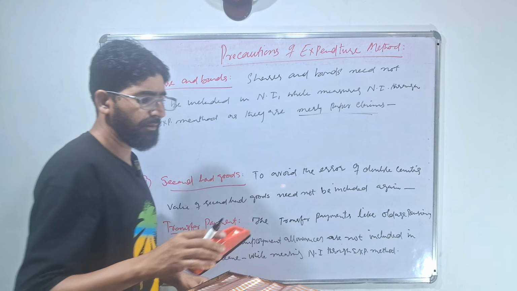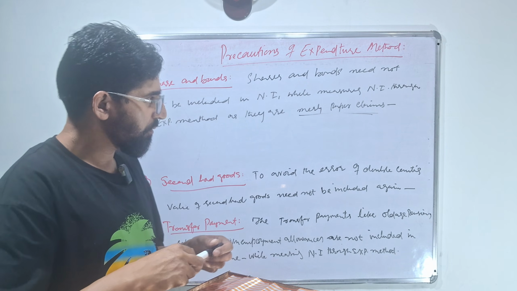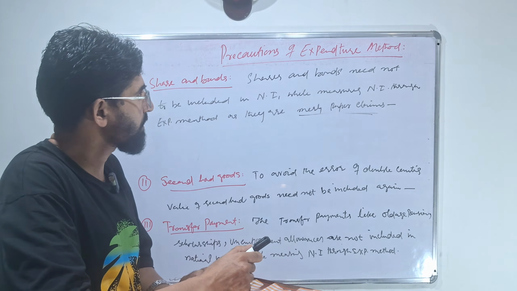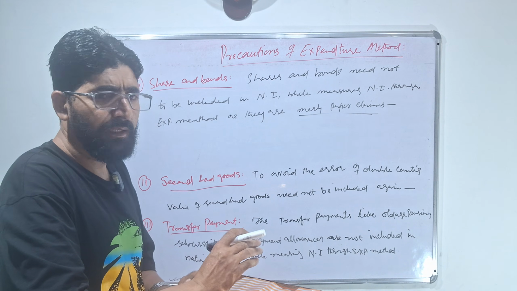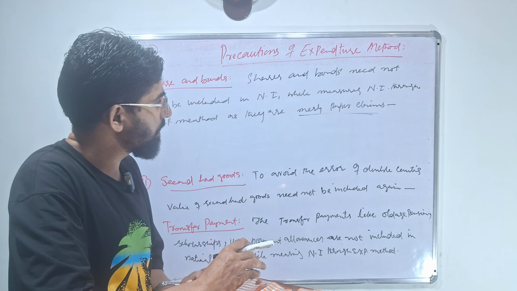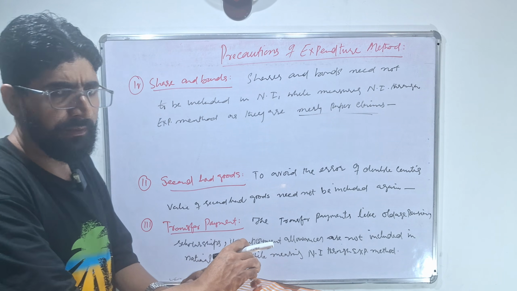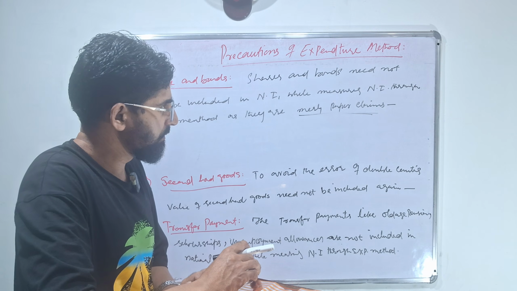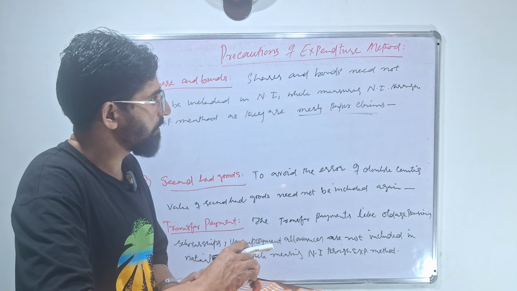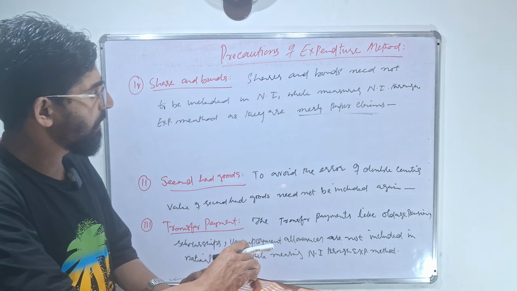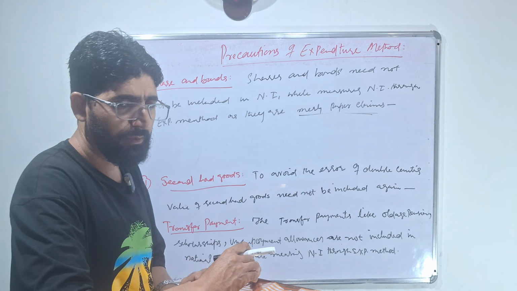These are the precautions which need to be taken while measuring national income through the expenditure method. These were the three methods: value added method, income method, and expenditure method. Probably one method will be in your coming examination, be it the value added method, income method, or expenditure method.